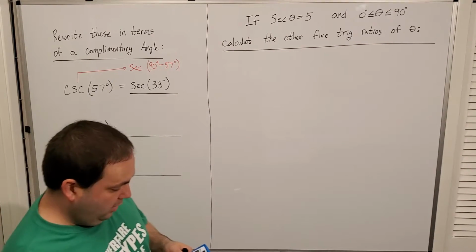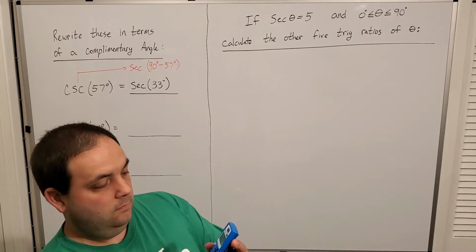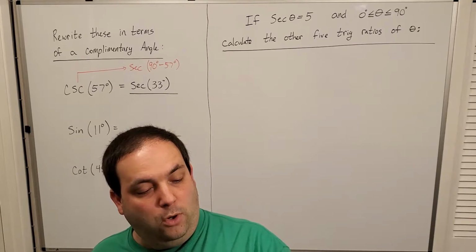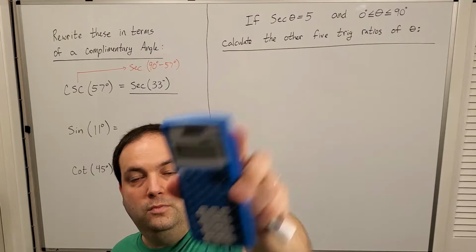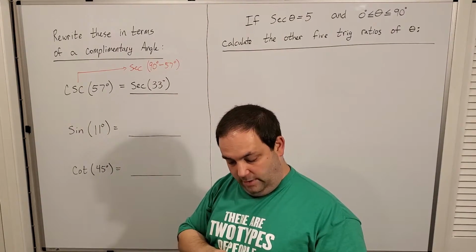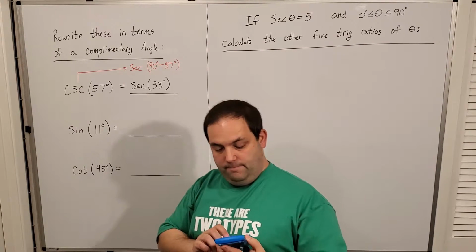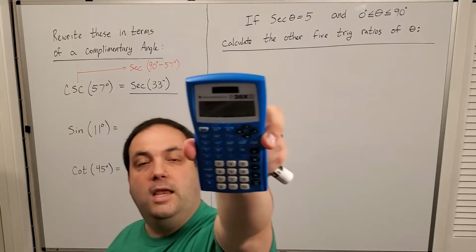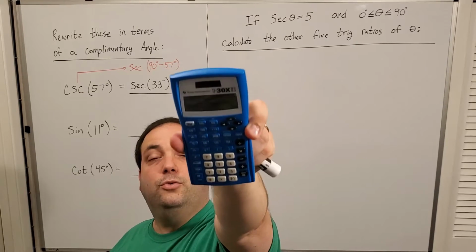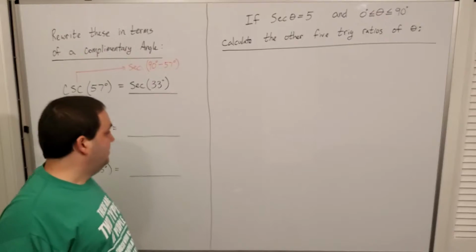So if I hit 1 divided by sine 57, I get 1.192. And over here, secant is 1 over the cosine. So if I do 1 over cosine of 33, notice I get the same thing, 1.1923. Not a coincidence.